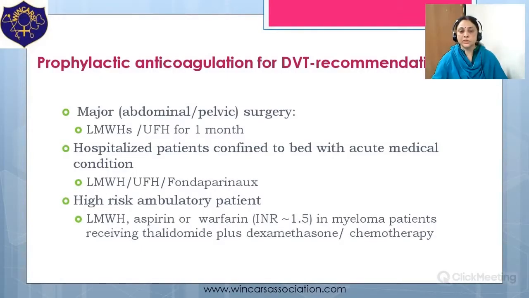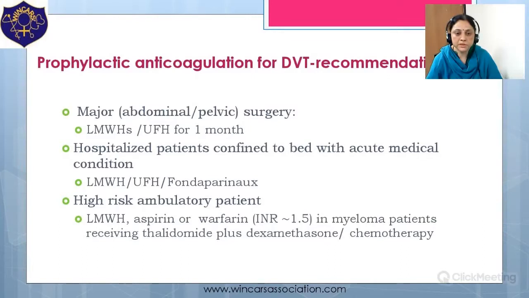Prophylactic anticoagulation is also recommended for DVT in these patients, as the incidence of DVT is very high in cancer patients. It is recommended for cancer patients undergoing major surgery, especially abdominal or pelvic surgery, wherein low molecular weight or unfractionated heparin is given for at least 30 days.